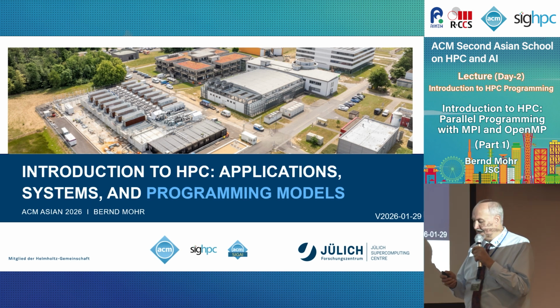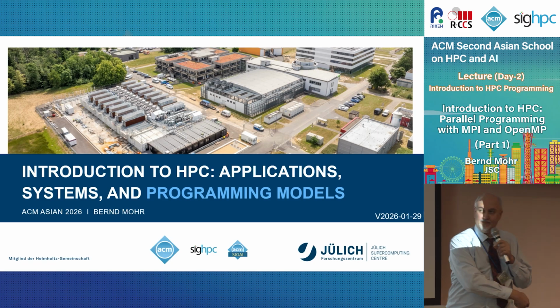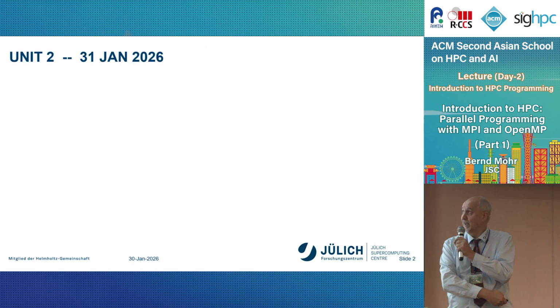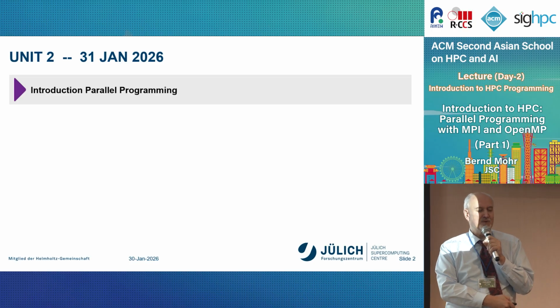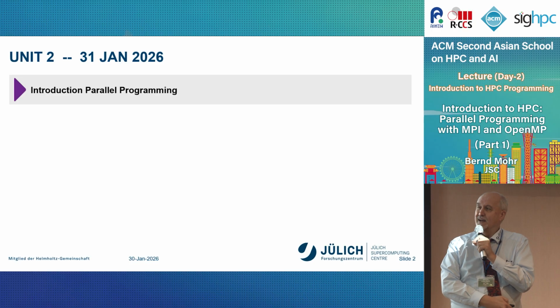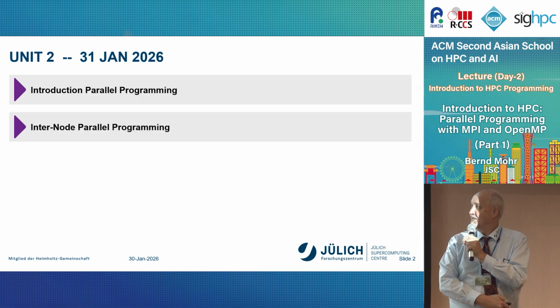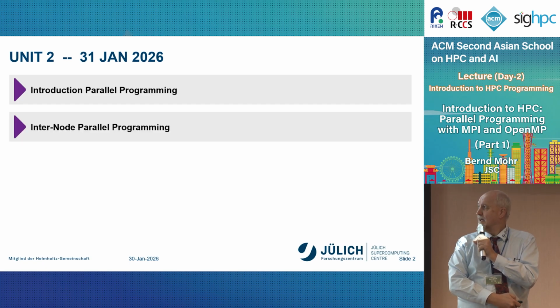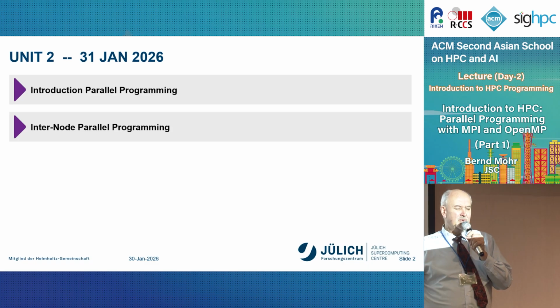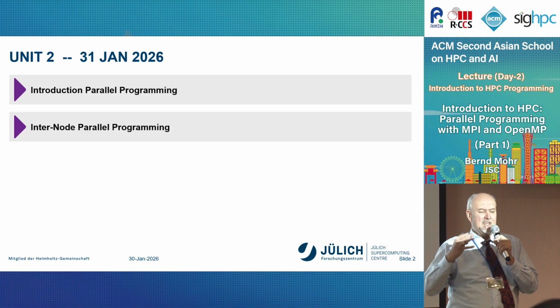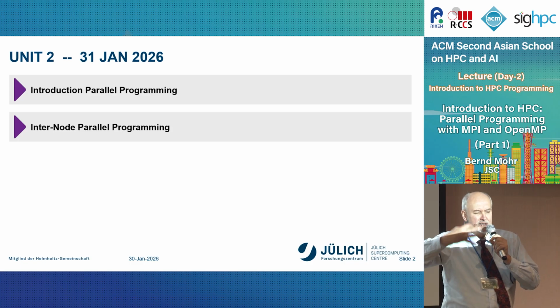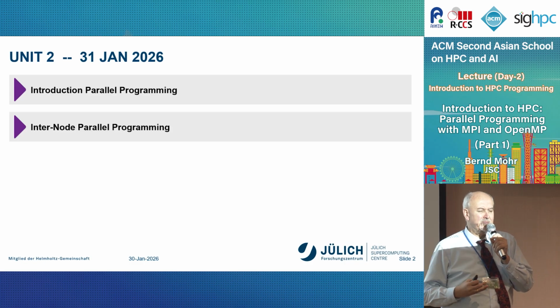Okay, so now starting the lecture. What do we want to do today? I will start by talking about parallel programming in general. Then we talk about what to do if I have a distributed memory computer. If I just have one computer, I use C or Python as I do on my laptop.